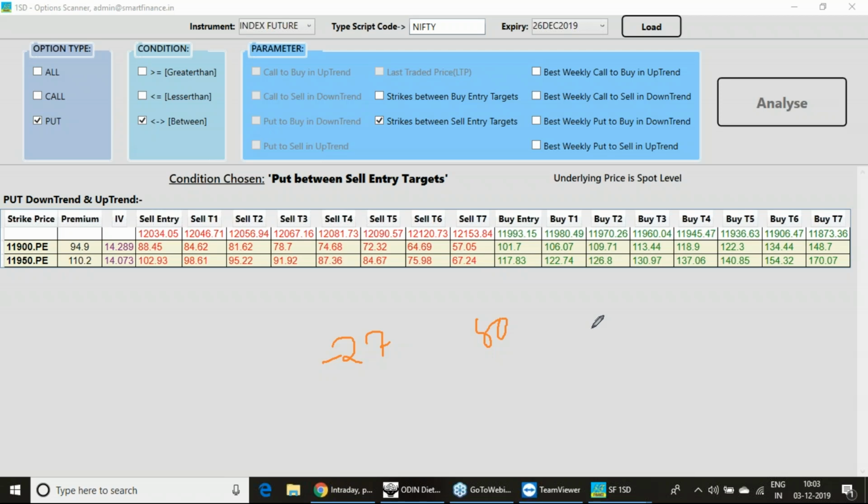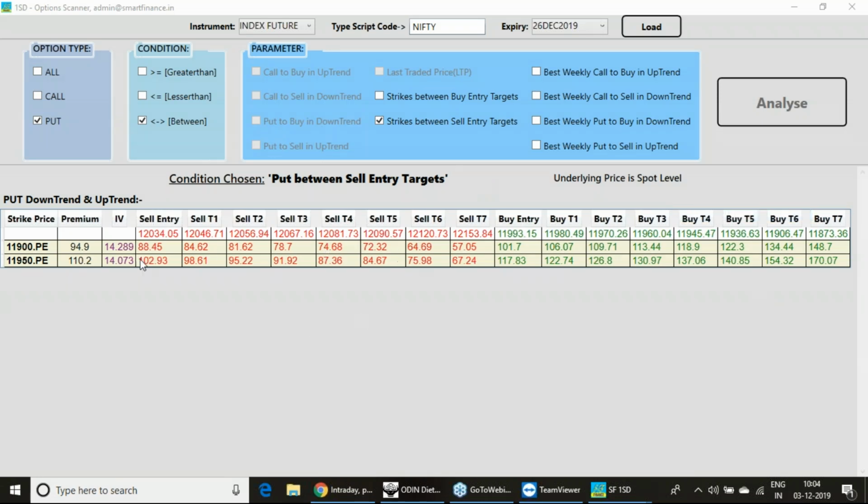So out of these, the strikes which will be falling between that day's trading band, very carefully listen, the strikes falling in the trading band, buy entry and targets, sell entry and targets, those strikes will have lesser theta decay. Strikes which fall in the trading band give you lesser theta decay.